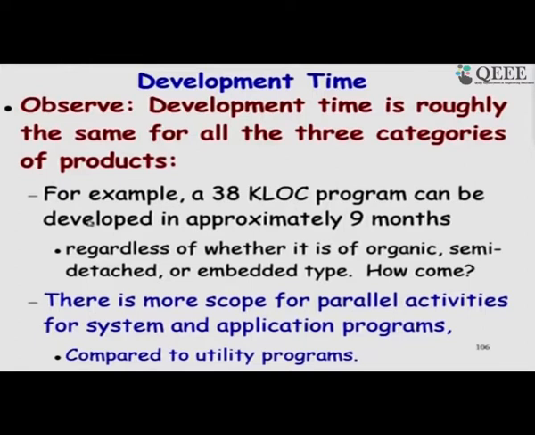But COCOMO 2 did consider that, but not really which model you use. As I said, initially use function point during the requirement specification stage, and as the development proceeds later use lines of code, as more accurate estimation of lines of code becomes available.